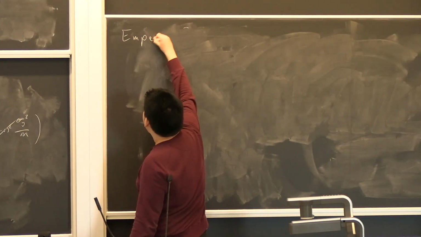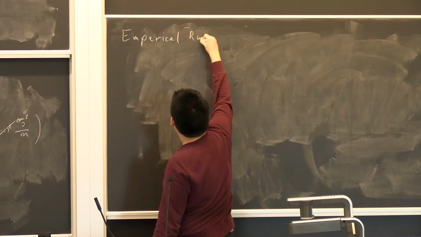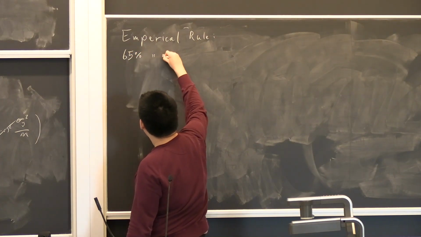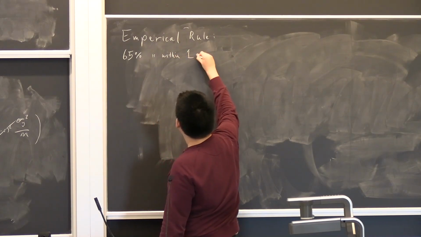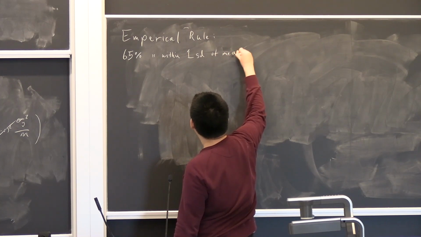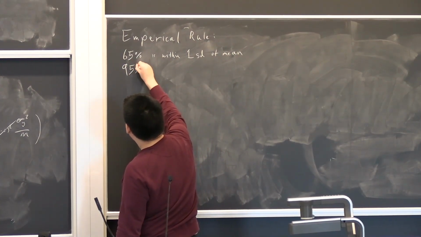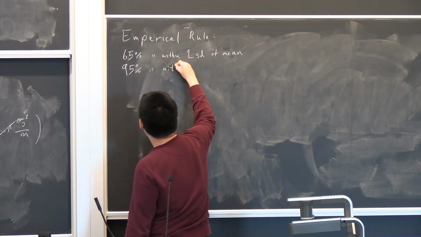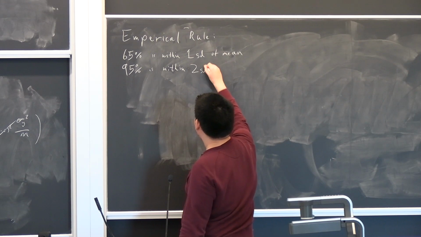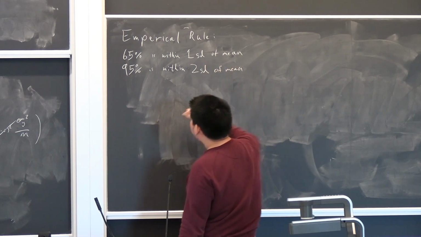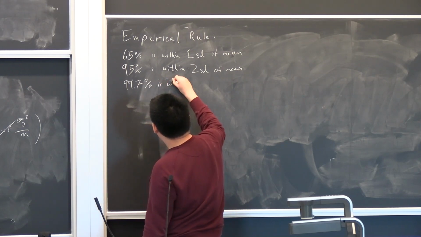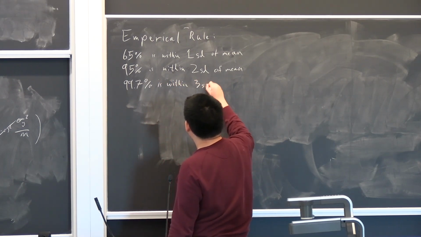The empirical rule basically states that 68% of your data is within 1 standard deviation of your mean, 95% is within 2 standard deviations of your mean, and 99.7% is within 3 standard deviations of the mean.